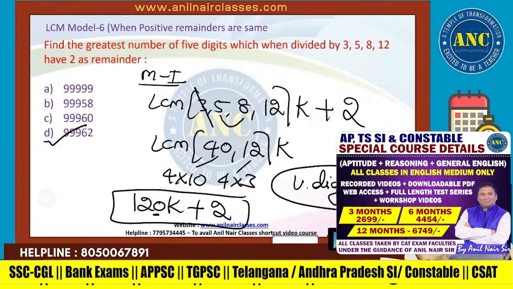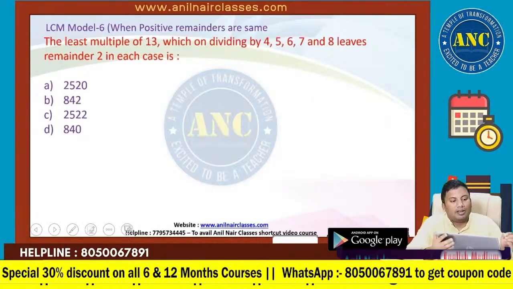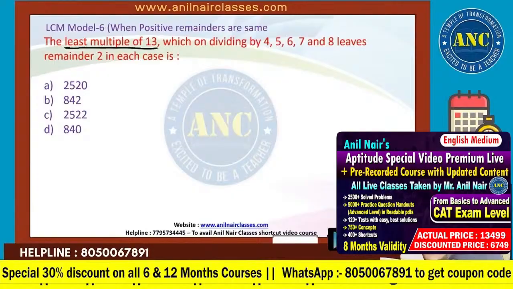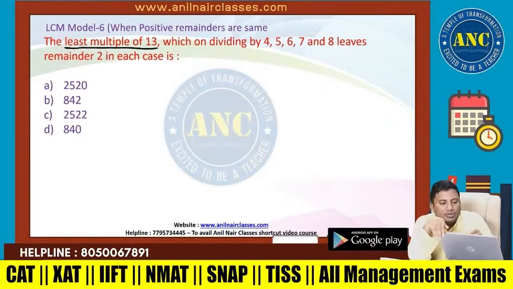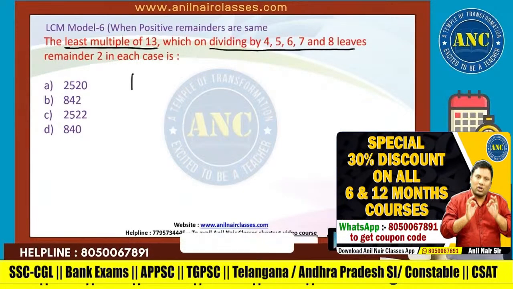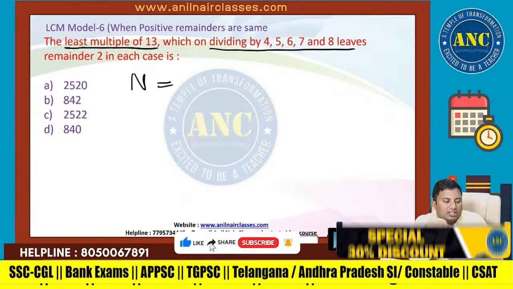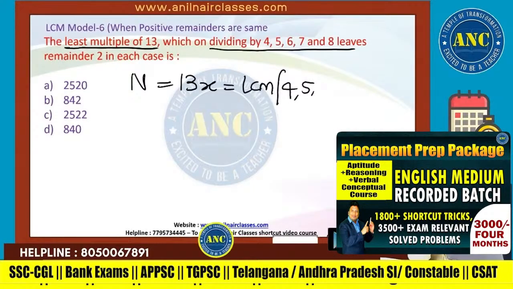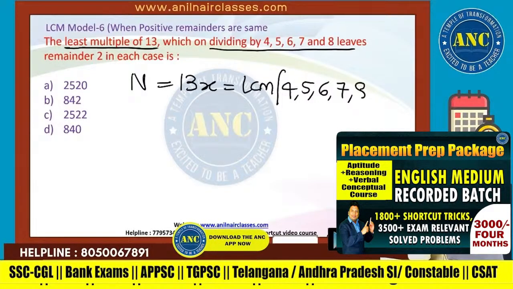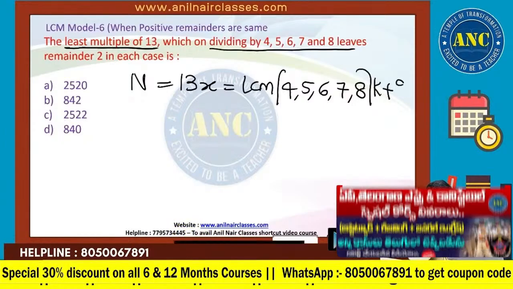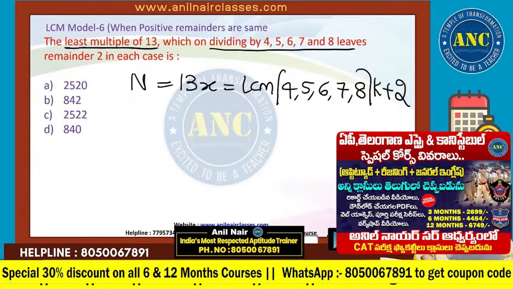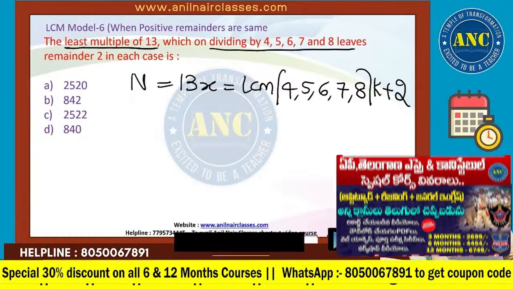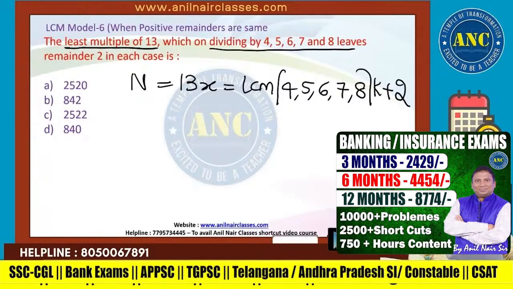All are easy if you know the logic. Find the least multiple of 13 which, when divided by the LCM of 4, 5, 6, 7 and 8, gives a remainder 2.